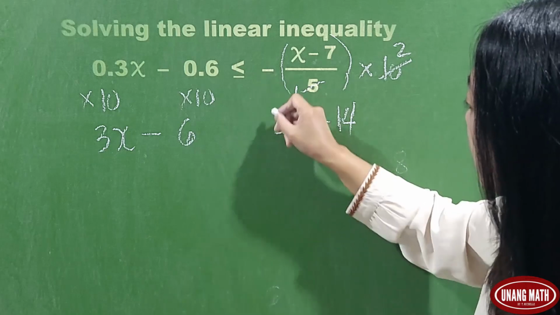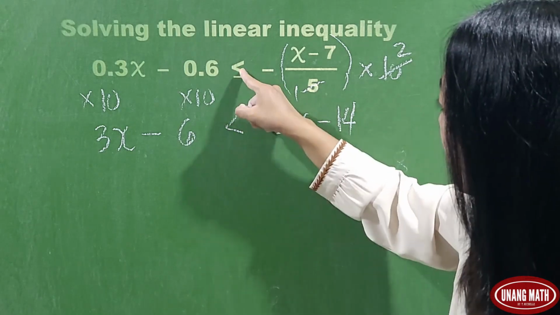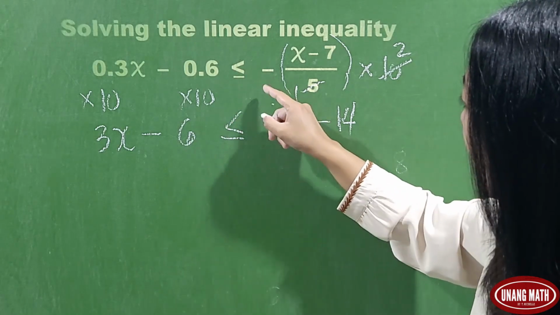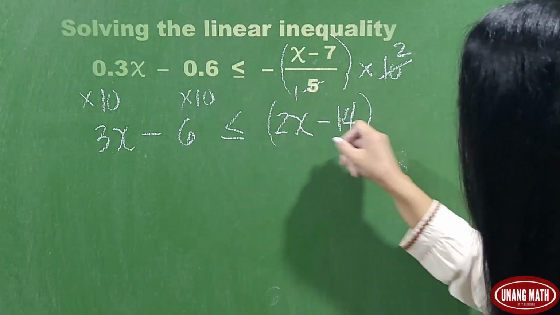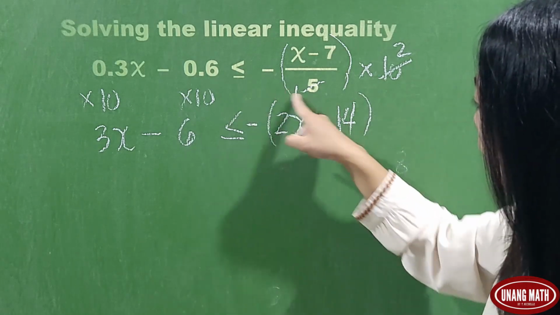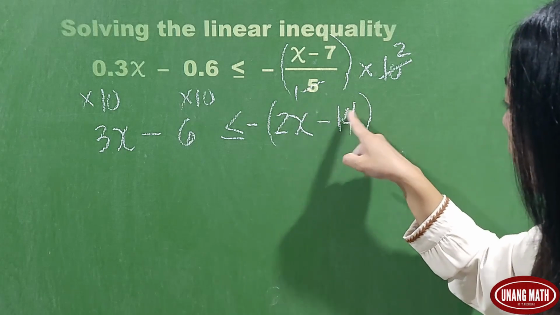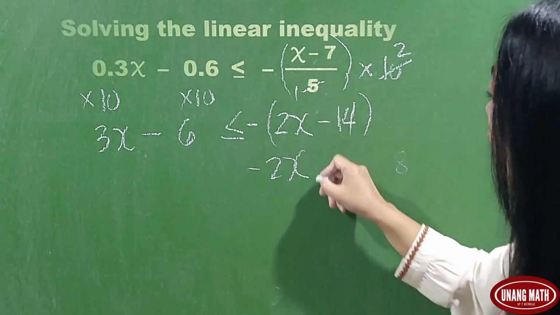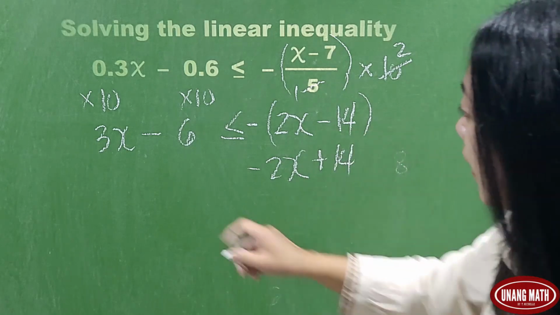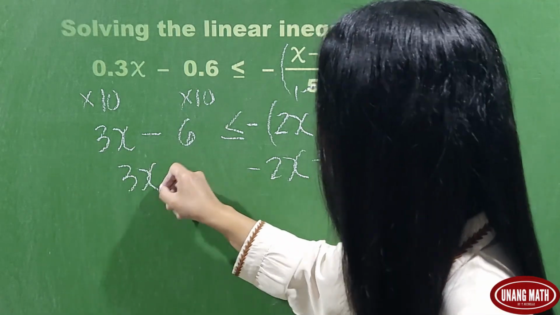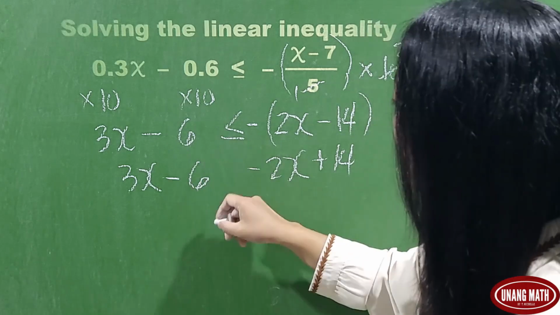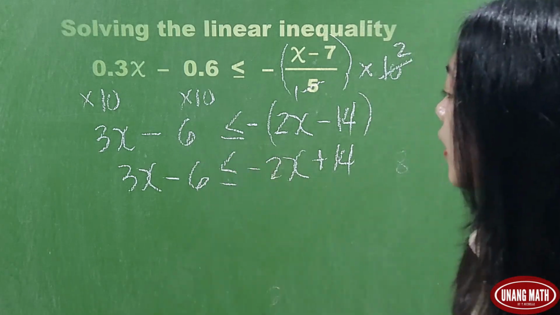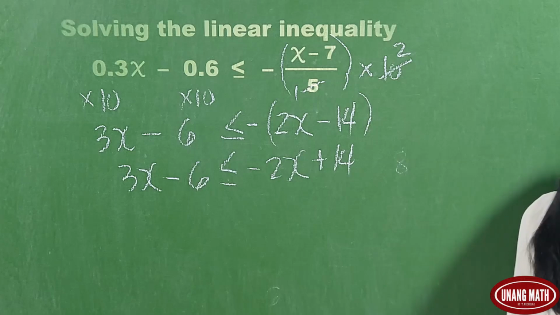Take note, this is less than or equal to, and since this is negative outside, if we multiply this one to each term inside the parentheses, this is now negative 2x, plus 14. So we have here 3x minus 6, which is now less than or equal to negative 2x plus 14.